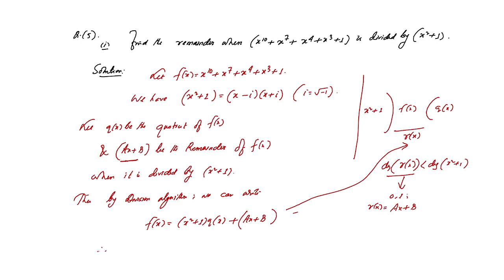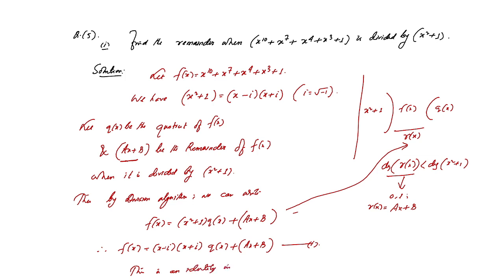So we can write f(x) equals (x minus i)(x plus i) q(x) plus ax plus b. So this is an identity in x.